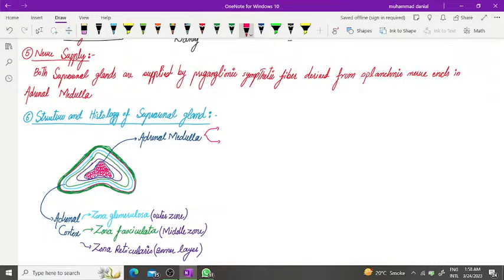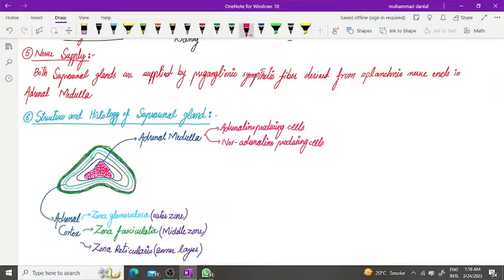So the adrenal medulla is composed of two types of cells, adrenaline producing cells and noradrenaline producing cells.